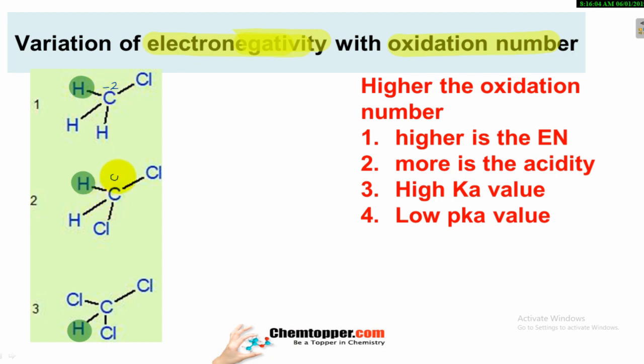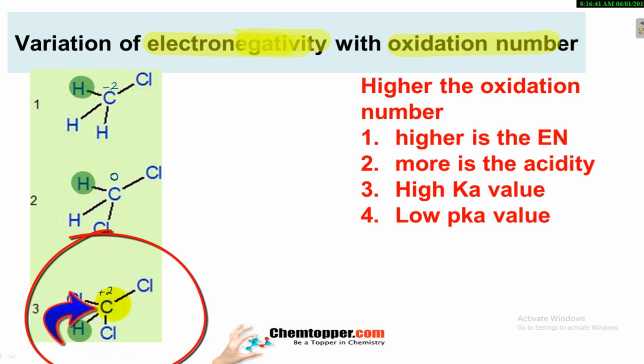In the second, it is 0. These are the oxidation numbers of carbons. And in the third, it is +2. Which carbon has the highest oxidation number? The carbon in the third molecule. So it means the carbon of the third molecule is the most electronegative atom and has the highest tendency to pull electron density from the hydrogen.